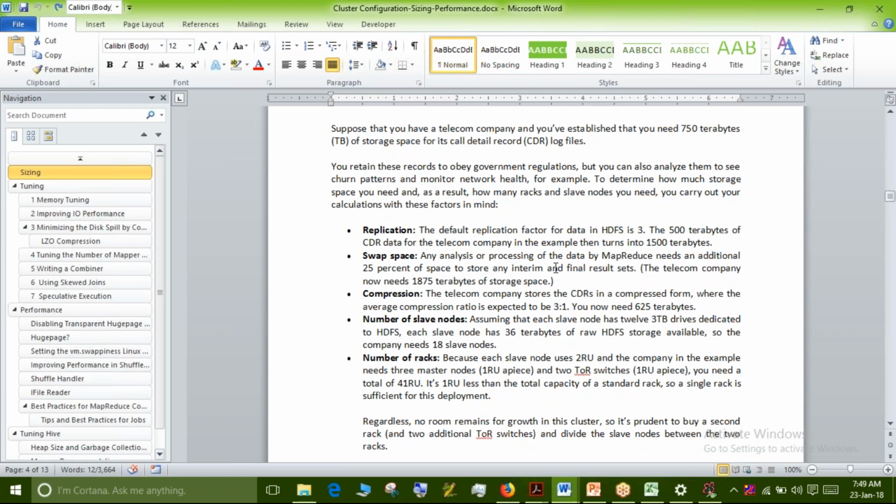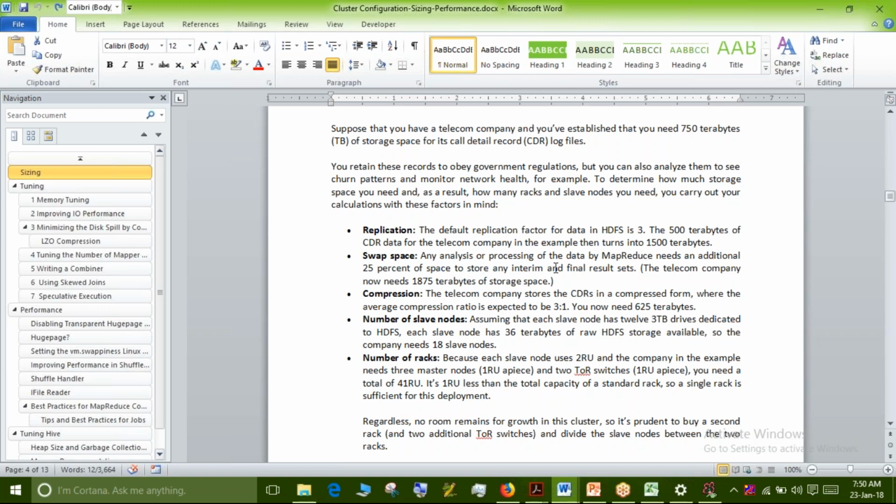Suppose I have 500 TB of data, I mean CDR, call detail record log files. If the size of the CDR log files is around 500 TB, because that is the most useful and trending use case in the telecom industry, processing the telecom data, call detail records, so that you get a lot of meaningful insights.